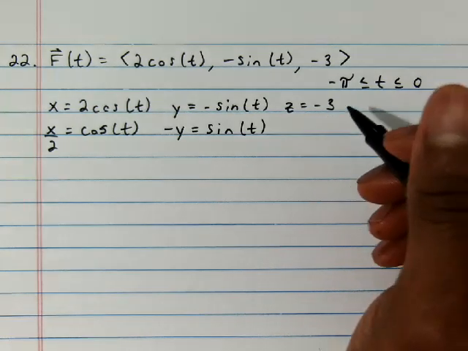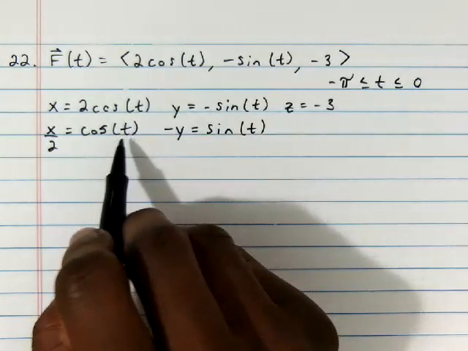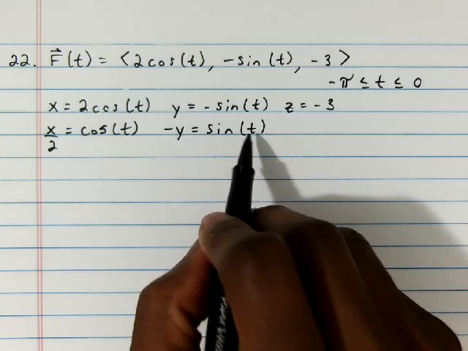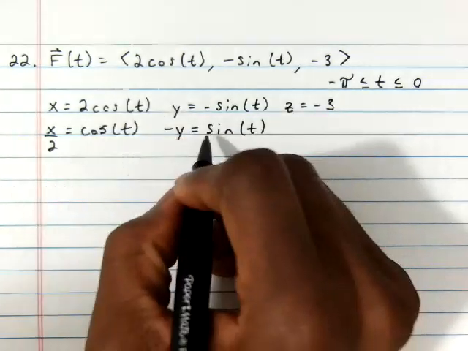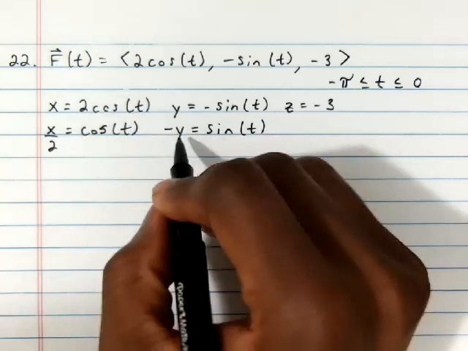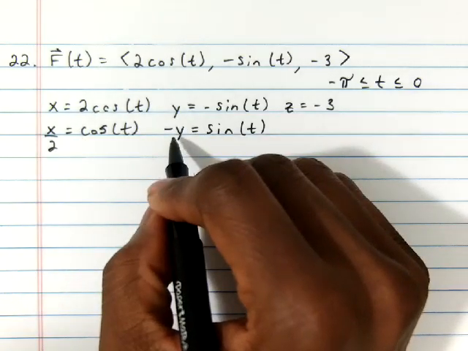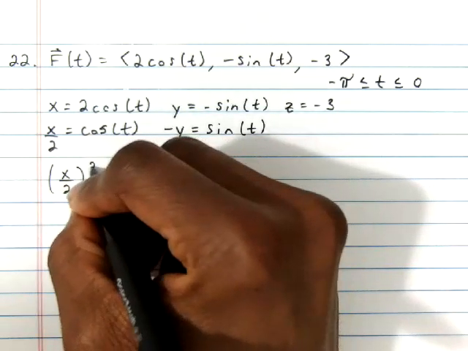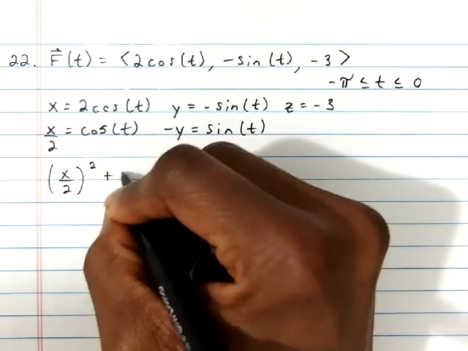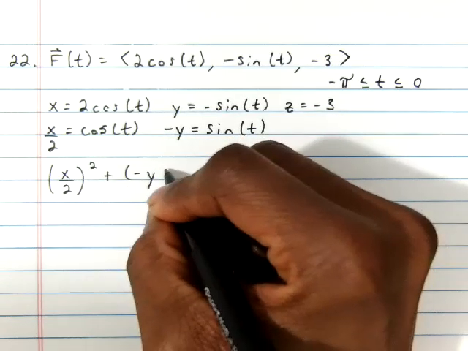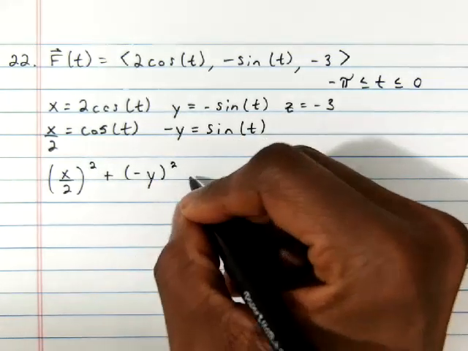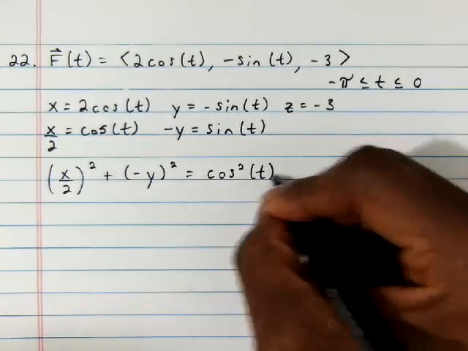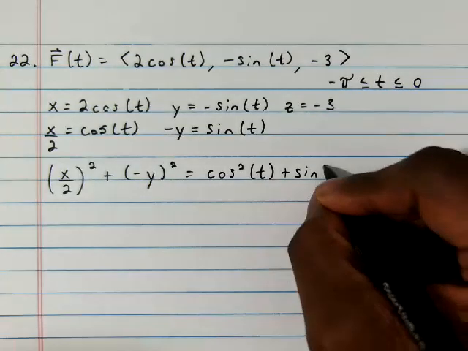Now, I'm going to use my favorite trig identity, which is cosine squared t plus sine squared t is equal to 1. That tells me that this squared plus this squared has to be equal to 1. So let's say x over 2 quantity squared plus negative y quantity squared equals cosine squared of t plus sine squared of t.